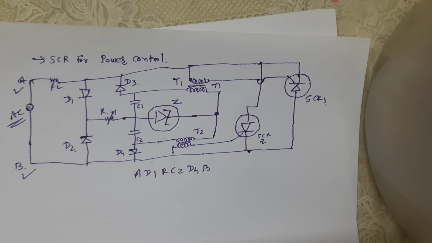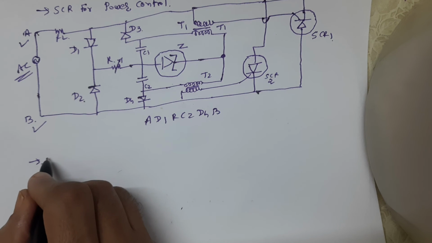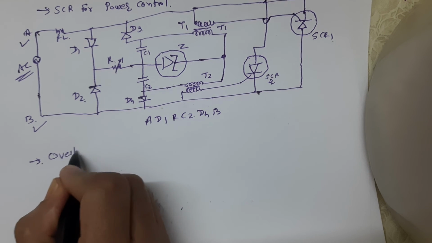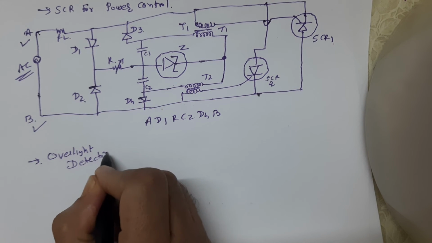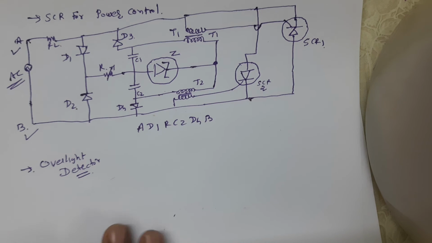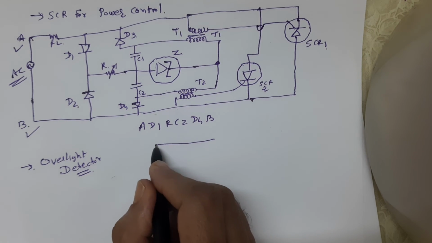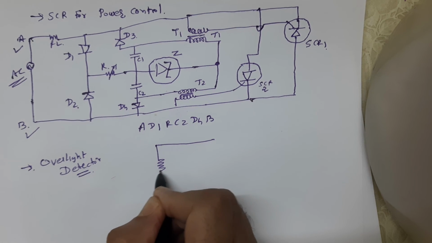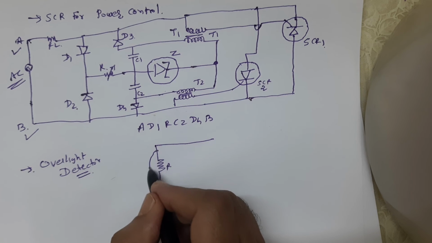Now we are discussing the last one, the overlight detector. Overlight detector application using SCR. So here the figure looks like this. This is your light which is given here.